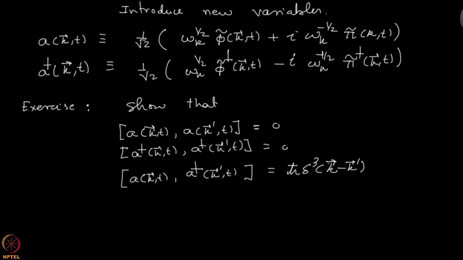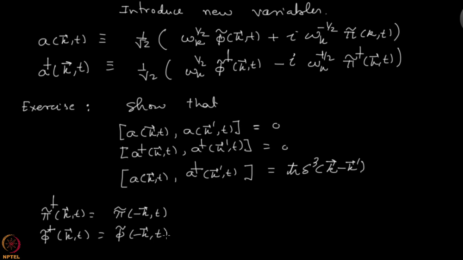Okay, the proof is simple and you can easily do it. The only thing you would require in proving this is using the fact that pi tilde dagger of k,t is pi tilde of minus k,t, and similarly for phi tilde, phi tilde dagger of k,t is phi tilde of minus k,t.